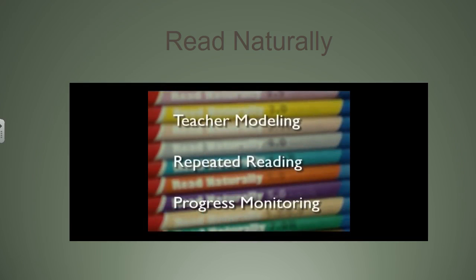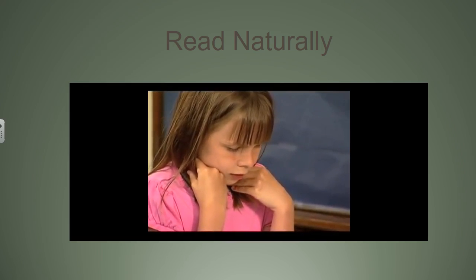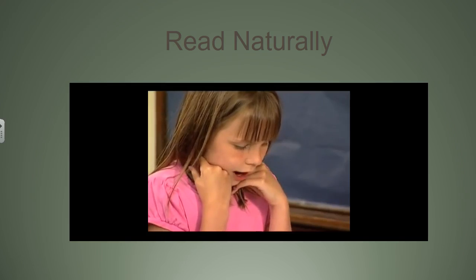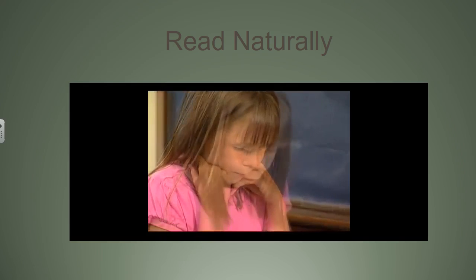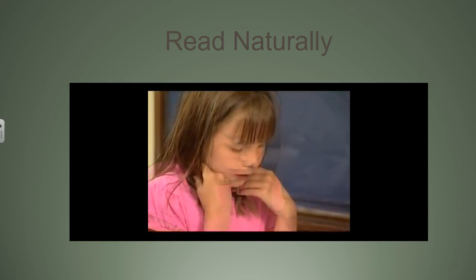Another strategy that improves reading fluency is repeated reading, reading the same thing over and over until mastery. In fact, the National Reading Panel says this is the most powerful strategy for improving fluency. LaBerge and Samuels did a study in the 1970s that clearly showed that if students read a passage many times, they read it faster and they understood it better.